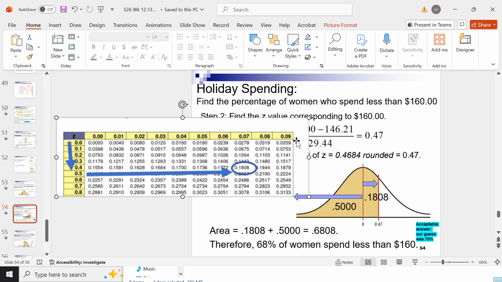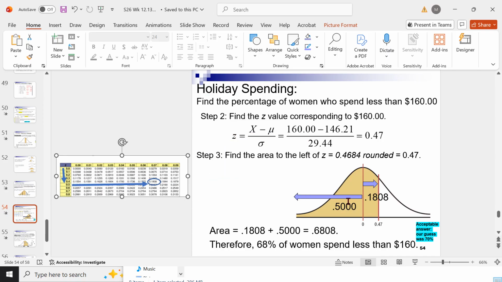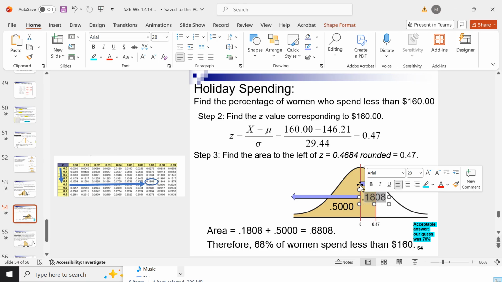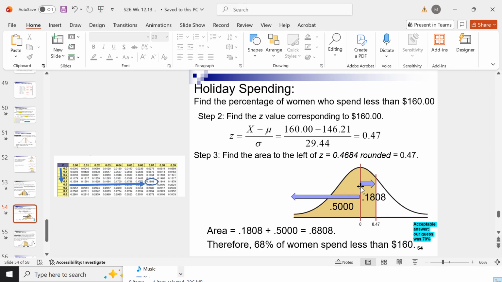0.47, that's 18.08. So that means the distance from the zero line to that Z value is 0.1808. The question was asking all women less than $160, so I have to add my 50% in there. You'll notice that we generally deal with 4 decimal places.